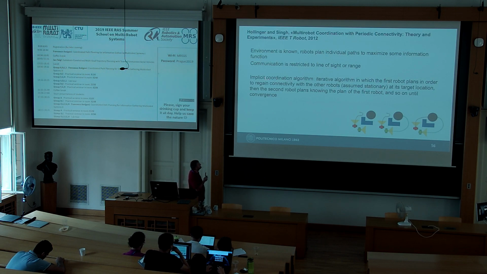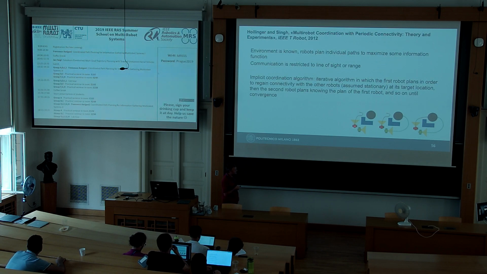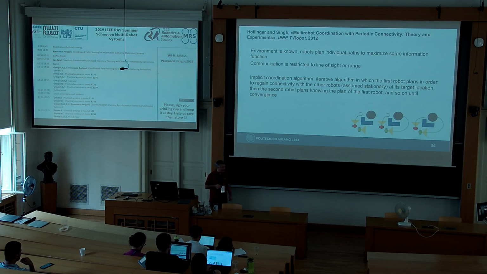The communication is assumed to be line of sight, and one of the algorithms that they propose works in this way. We have two robots here, the red one and the green one, and they should go to take some measurement of this black circle here.